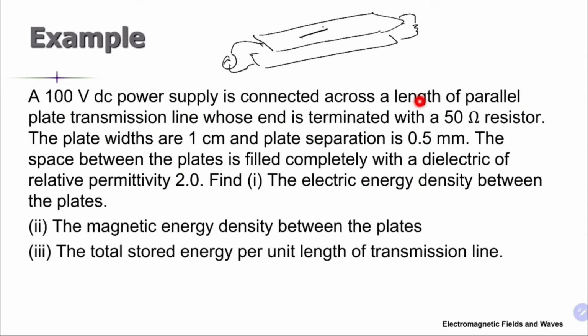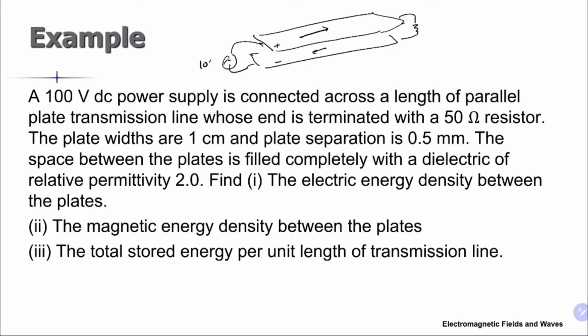Here you have a current, and at the same time you also have charge between the plates. You can work out the electric energy density between the plates, the magnetic energy density between the plates, and then the total stored energy.